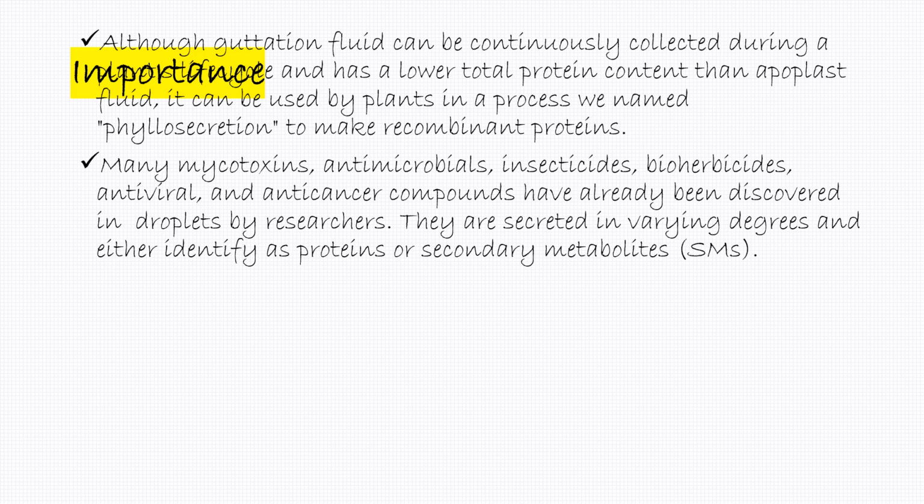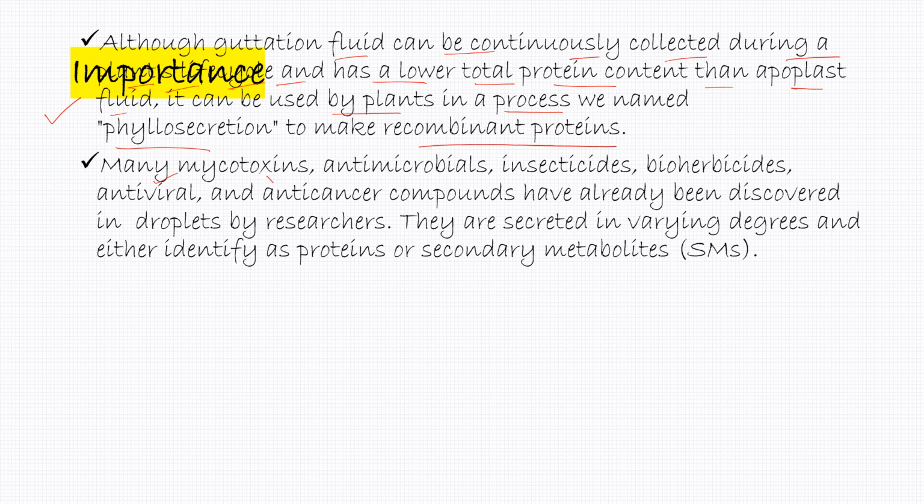This is about importance. Although guttation fluid can be continuously collected during a plant's life cycle, it has a lower total protein content than apoplast fluid. It can be used by plants in a process we name phyllosecretion to make recombinant proteins.